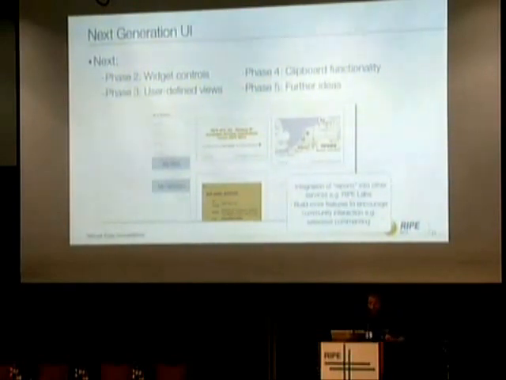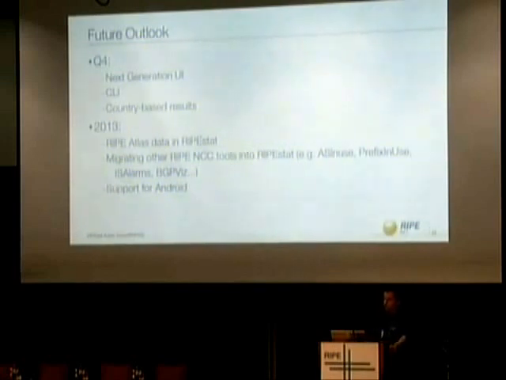So that's basically all the things that we developed so far, and the outlook on the next generation UI. What I'm going to show you next will be the future perspective for the next time. First of all, the last quarter of 2012, and then 2013.